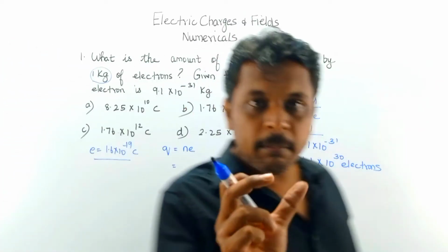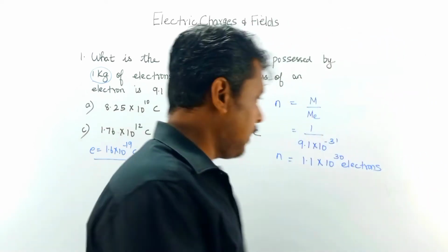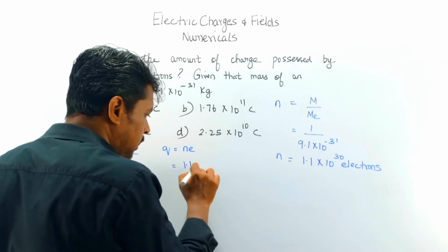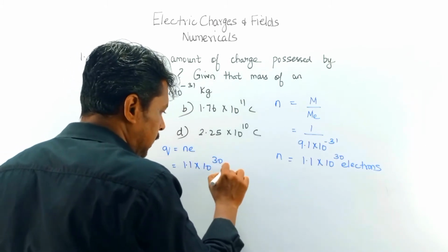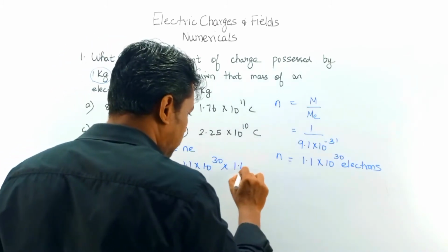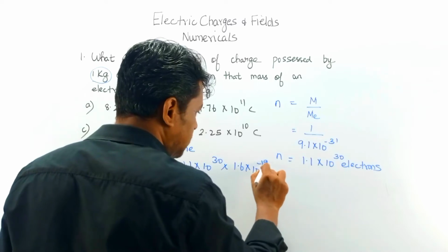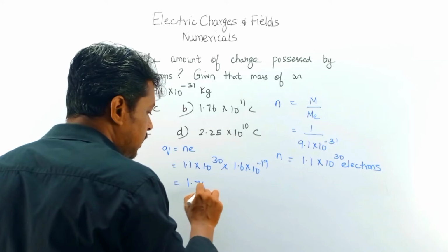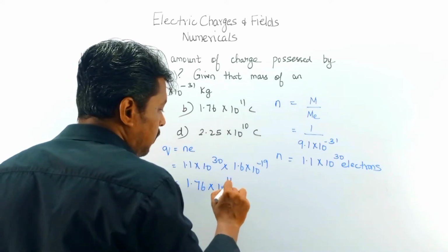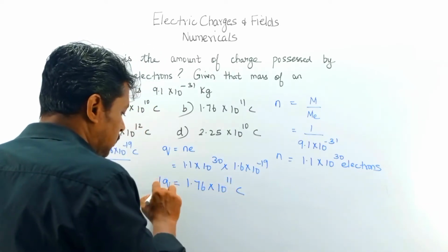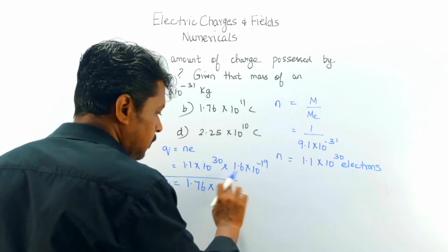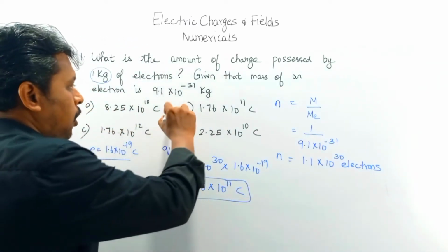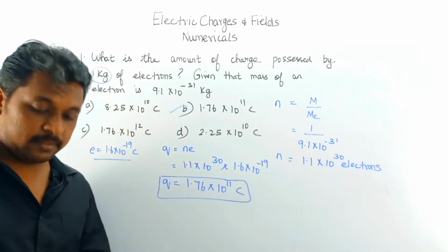So the total charge is 1.1 into 10 power 30 into 1.6 into 10 power minus 19. When you do this multiplication, you get the answer 1.76 into 10 power 11 coulomb. This is the value of the charge. From the options, option B is the right answer.